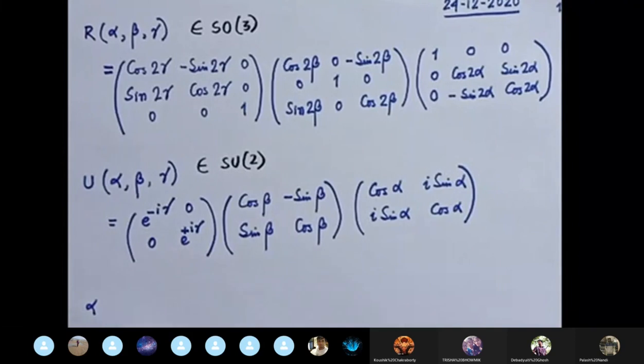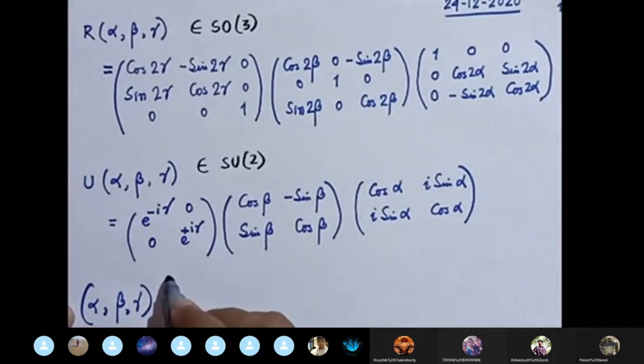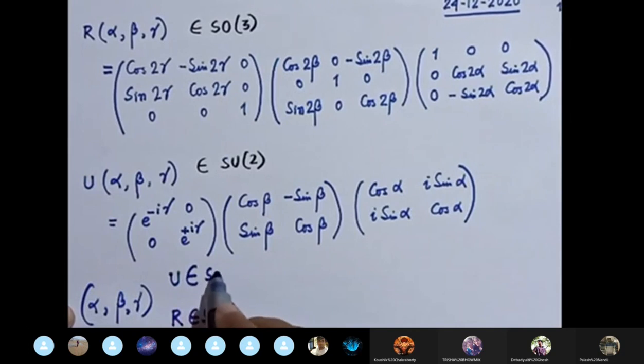Now, that means given three numbers alpha, beta, gamma, you can write down a SU2 matrix U. For the same values, you can have a SO3 matrix R. Both of them require three real parameters for specification.